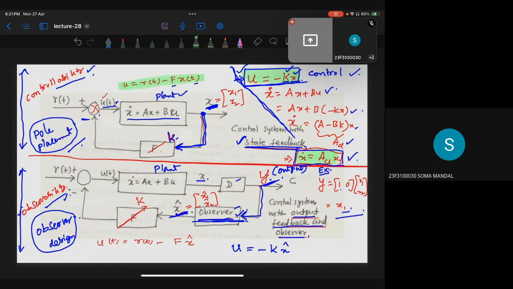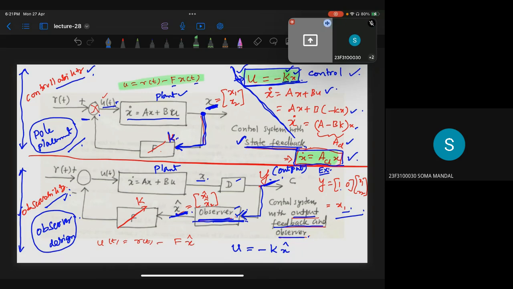Compare both the polynomials and get the K matrix. By using this technique, we can find the K in such a way that we can place the desired poles wherever we are interested in. This is called the pole placement technique.